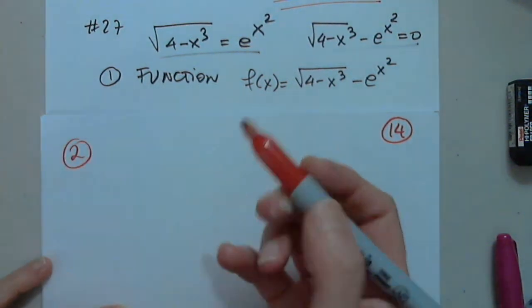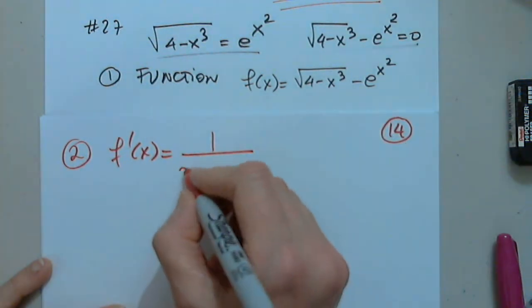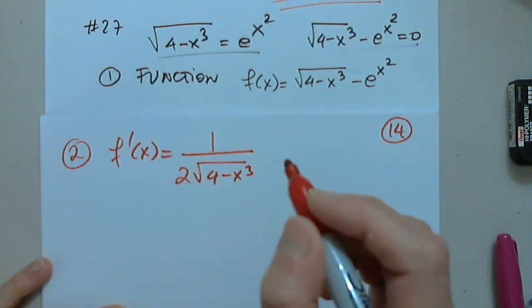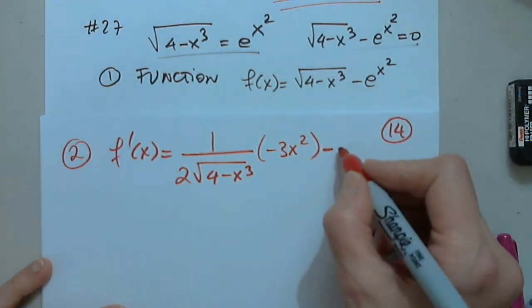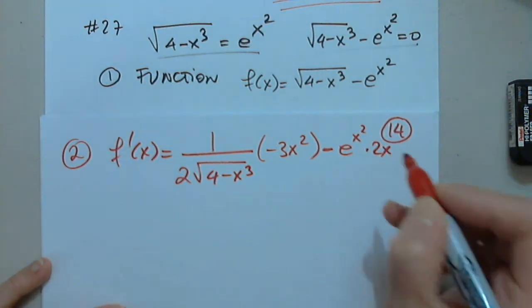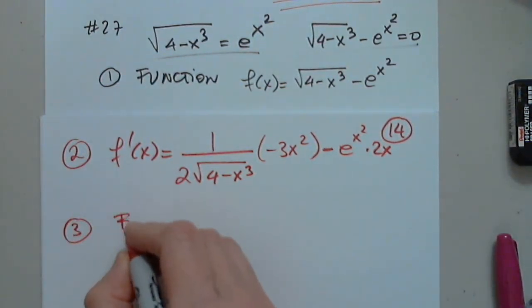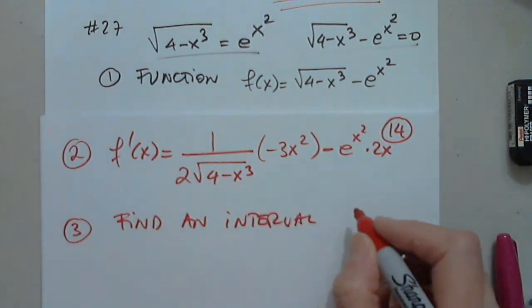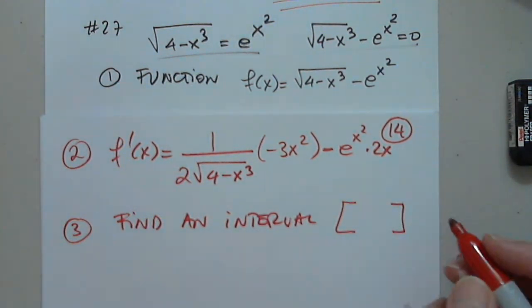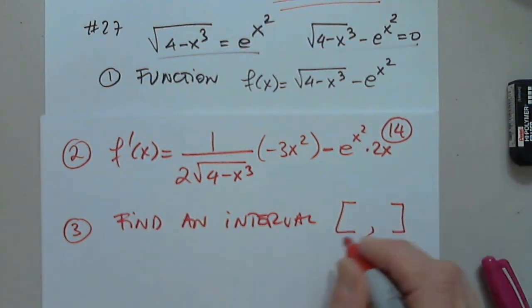Of course, in step 2, I have to find the derivative, which is, again, not very friendly. So 2 the square root of 4 minus x cubed with negative 3x squared. And this is even uglier, I would say, e to x squared times 2x. So it's a mess. In other words, in step 3, I have to find an interval. It has to be a 1-unit interval, something like 1, 2, 2, 3, negative 3, negative 2.